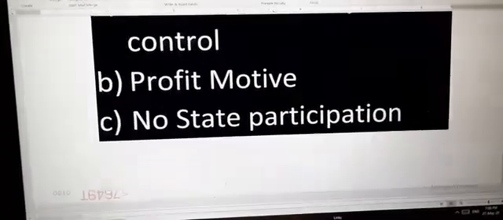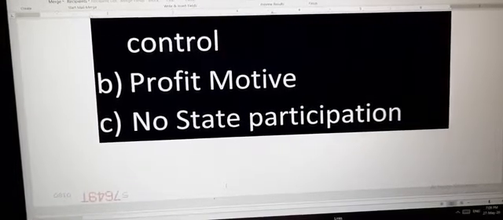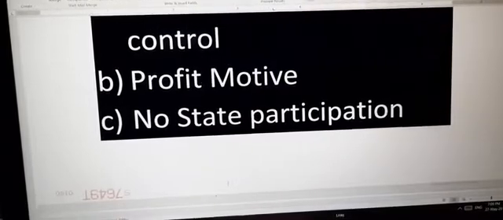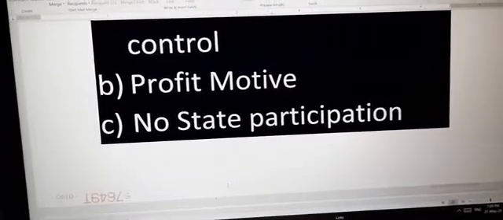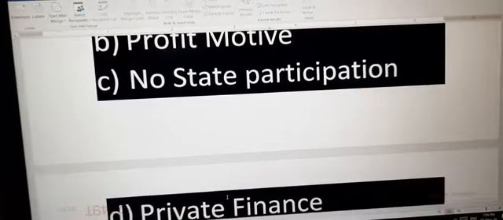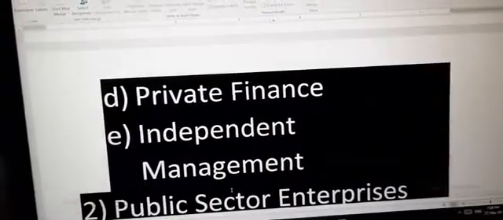Now the second is profit motive. The main objective of private sector undertakings is earning profit. Profits provide the reward for the risk assumed and the required return on capital. Third is no state participation. There is no participation by the central or state governments in the ownership and control of a private sector undertaking. Next is private finance.